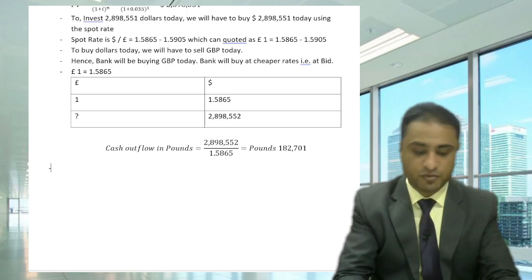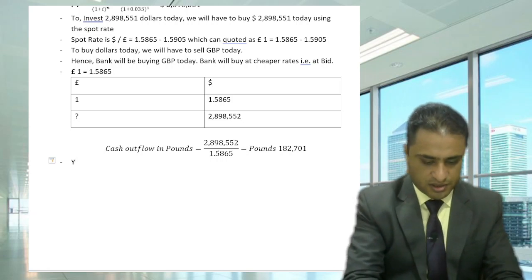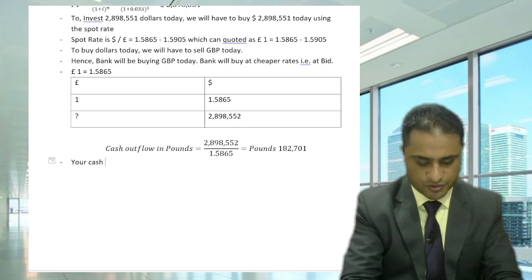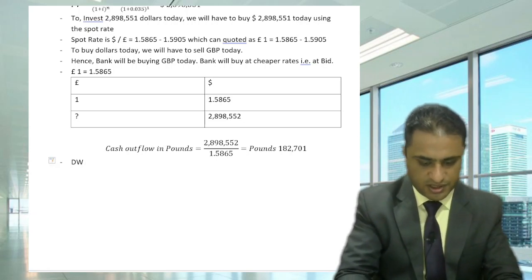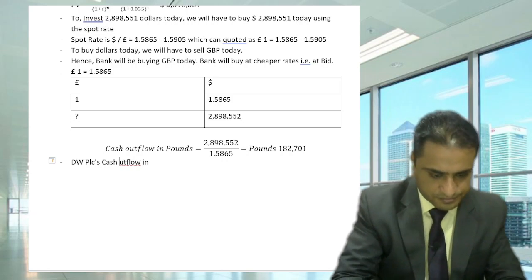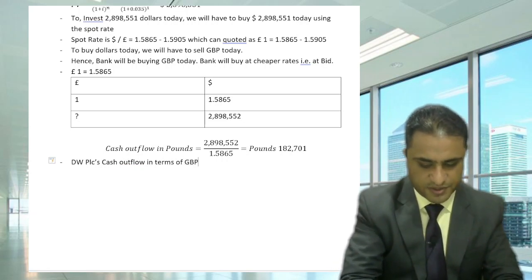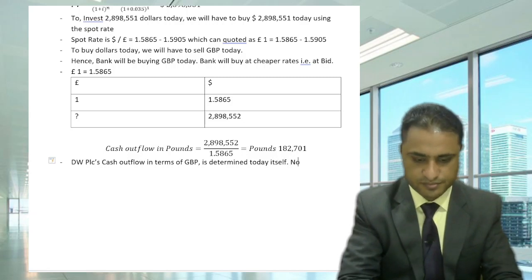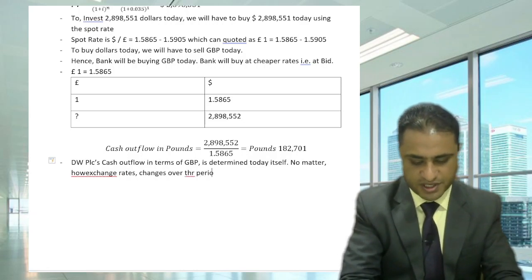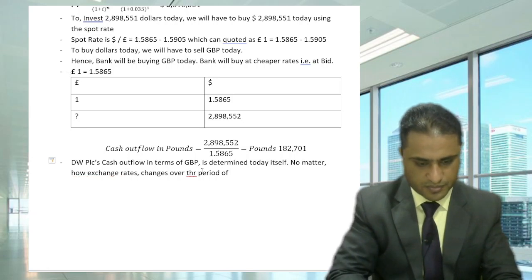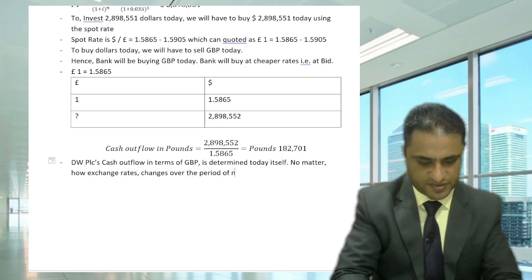Now let's see what has happened. Your cash outflow, or say DWPLC's cash outflow, we are talking about a company, DWPLC's cash outflow in terms of Great Britain pound is determined today itself, no matter how exchange rates change over the period of the next 6 months.